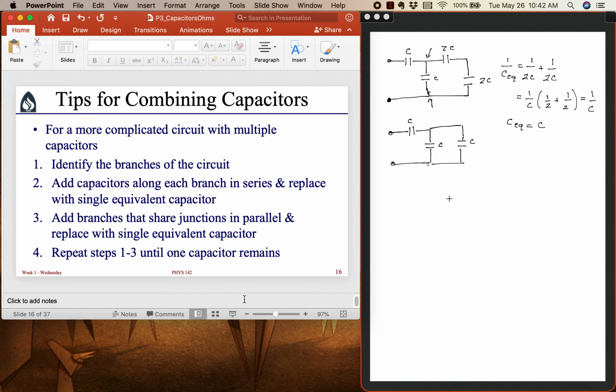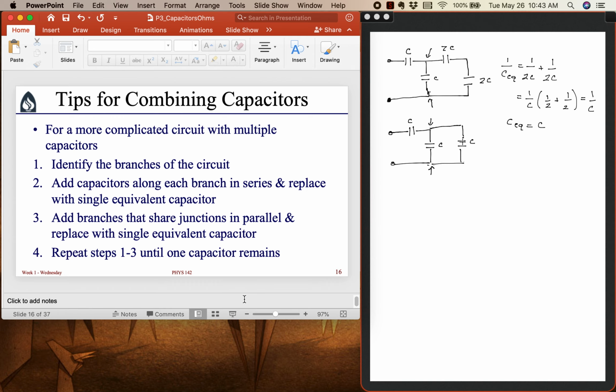All right, so then the next step is to add branches that share junctions in parallel. So I have a junction here and a junction here, same as before. And I want to see, do I have branches that share that pair of junctions? And yes, I have this branch and this branch that share this pair of junctions.